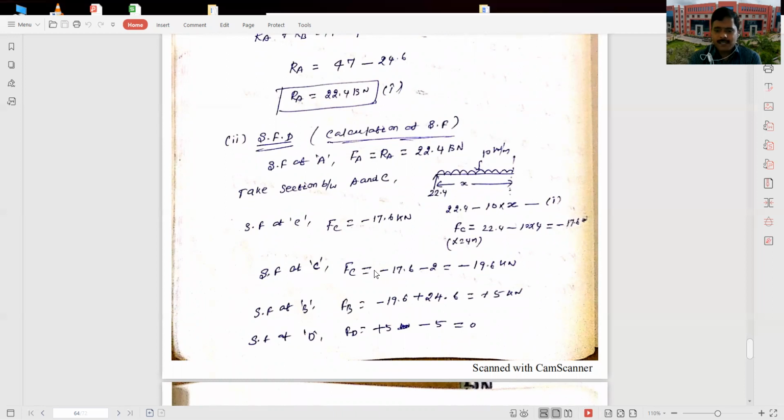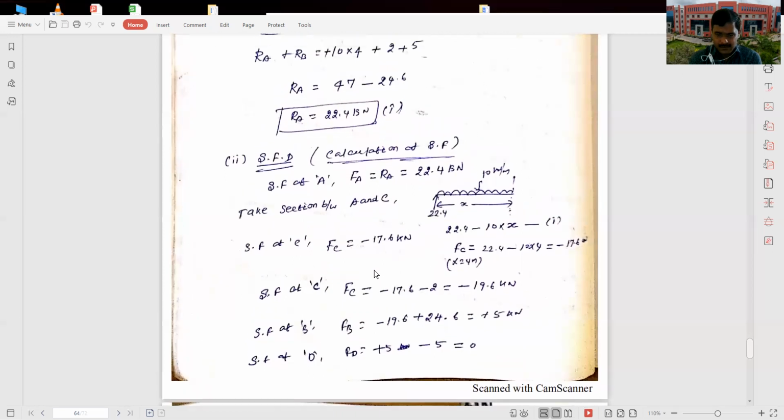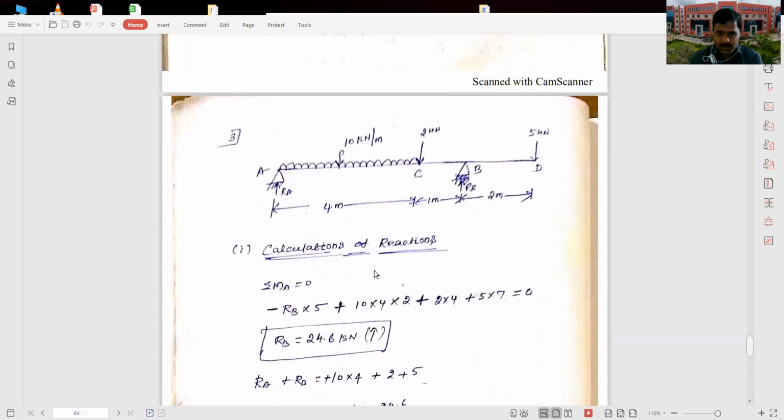So as I said earlier, suppose you want to calculate the shear force value at A and the shear force value at C, what you have to do? You have to take the section between A and C and find out the general equation, F of x equation. Then in that general F of x equation, if you substitute x equal to 0, that is at point A, what is the x distance?